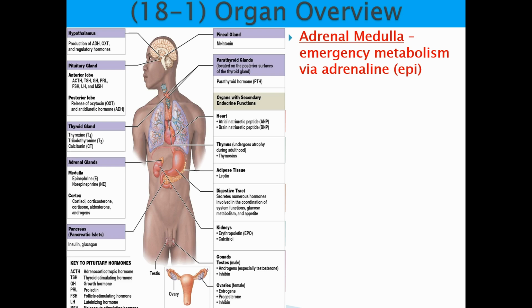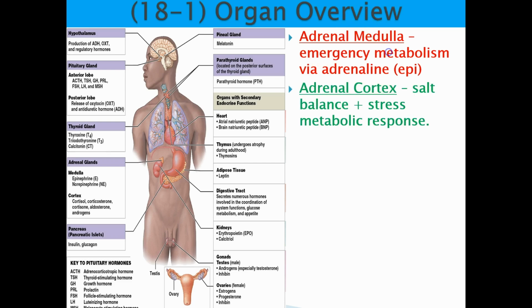It's a tyrosine derivative, and I know that this is water soluble. So all those things I just mentioned, water soluble, catecholamine, tyrosine derivative, those are things you really need to get to memory here. But for now, adrenal medulla, if I was to ask what's the big picture function, it's for emergency metabolism via adrenaline.